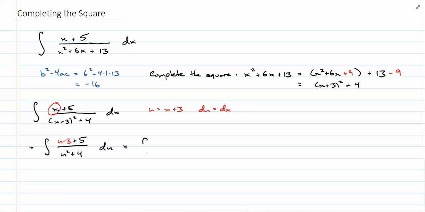And the way to do this integral is to actually split up that numerator. The numerator was u plus 2. So I'm going to split up the fraction as u over the denominator plus 2 over the denominator. That's the same as u plus 2 over the denominator.